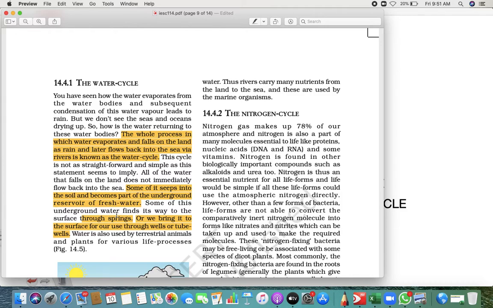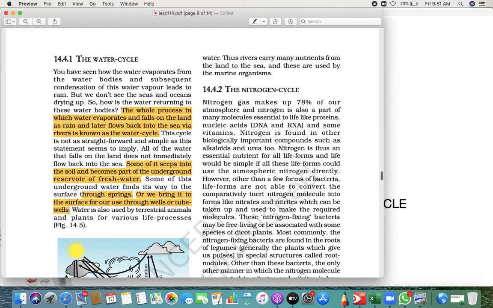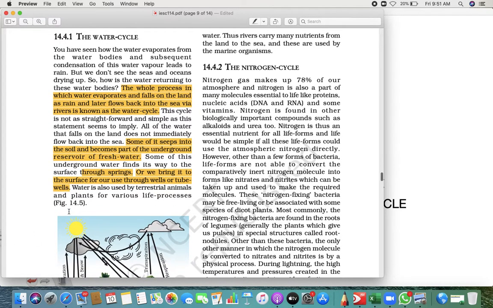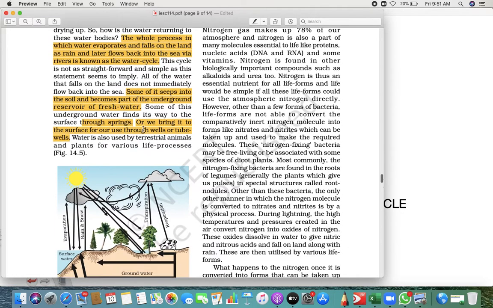So this is how the whole cycle works. I hope you understand. Water evaporates, goes to the air, it condenses and comes back in the form of rain. So this is how a water cycle works.